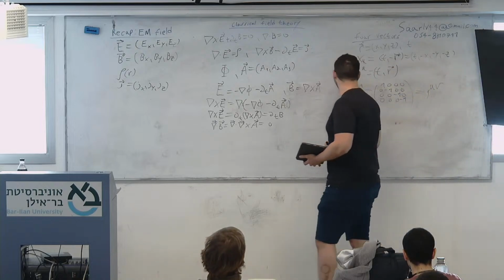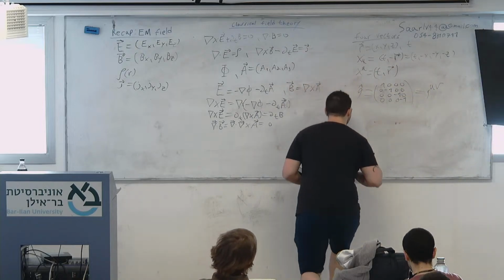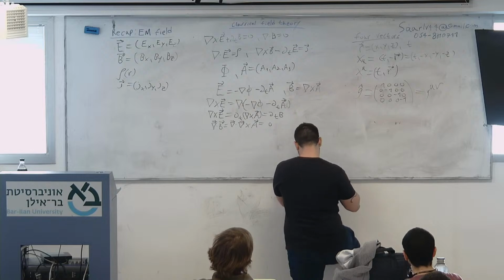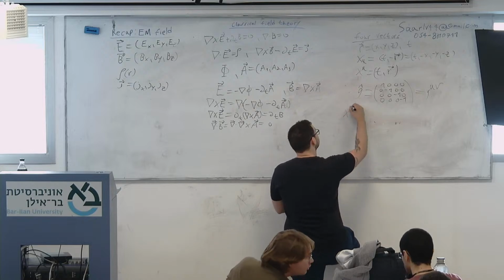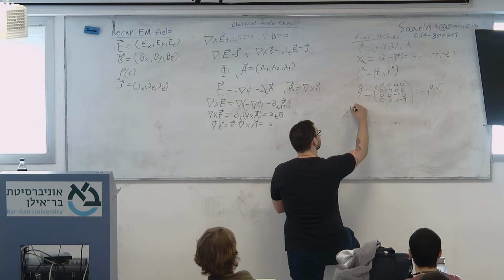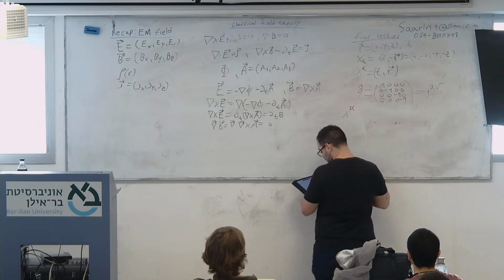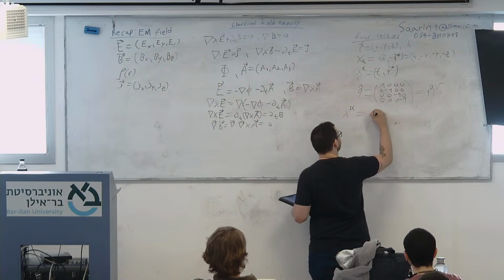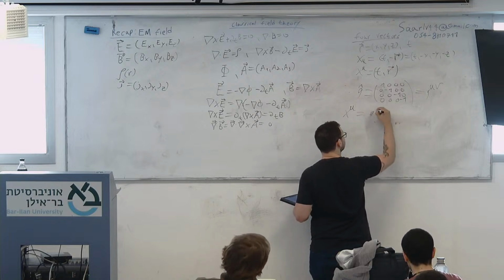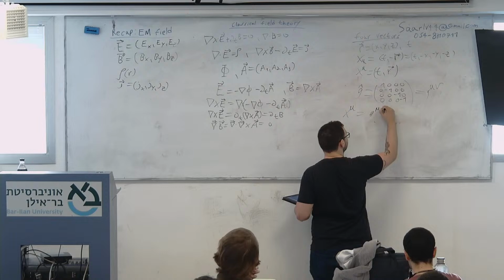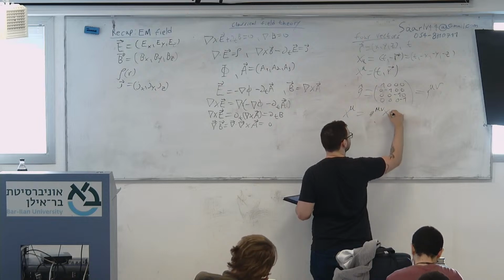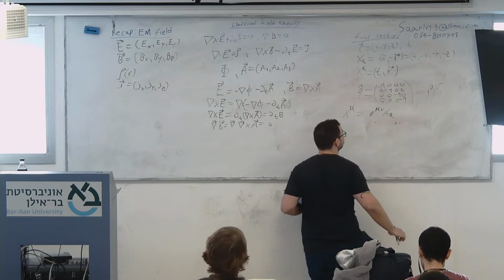So to create an upper index mu, we multiply our G mu nu with x nu.